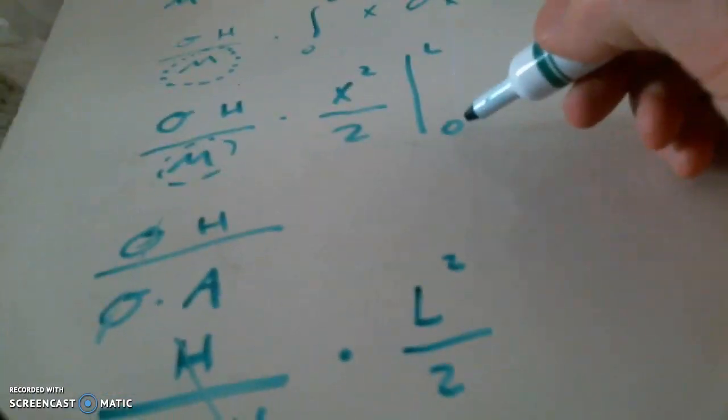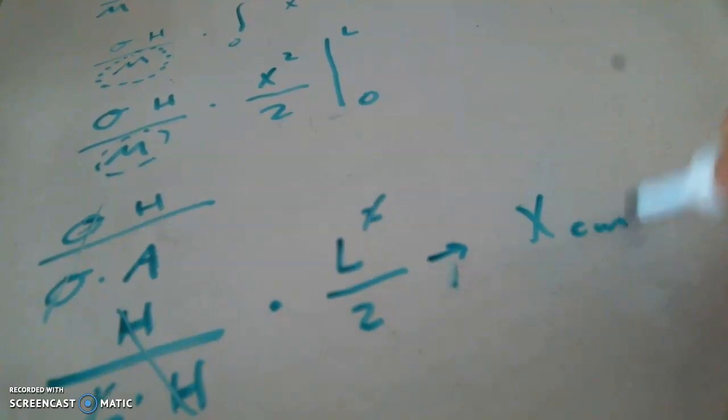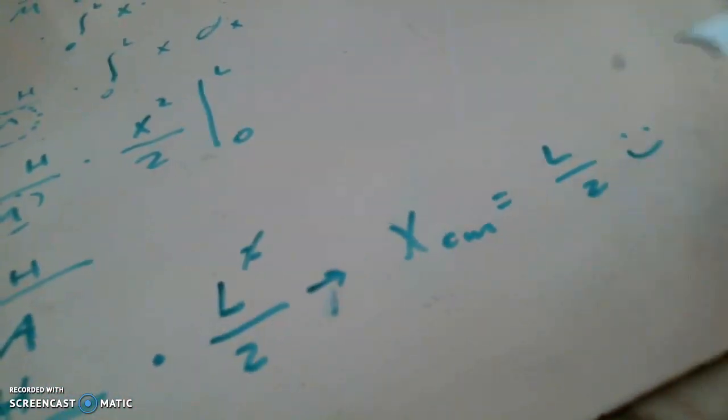And then you put the 0 in and it kills everything, so I'm not going to mess with that. So that L squared kills that L squared, and its center mass is simply L over 2, at least it's x center mass, I should say, sorry. So let me erase that, which means our x center mass is simply L over 2, which you could all tell by looking at that object.